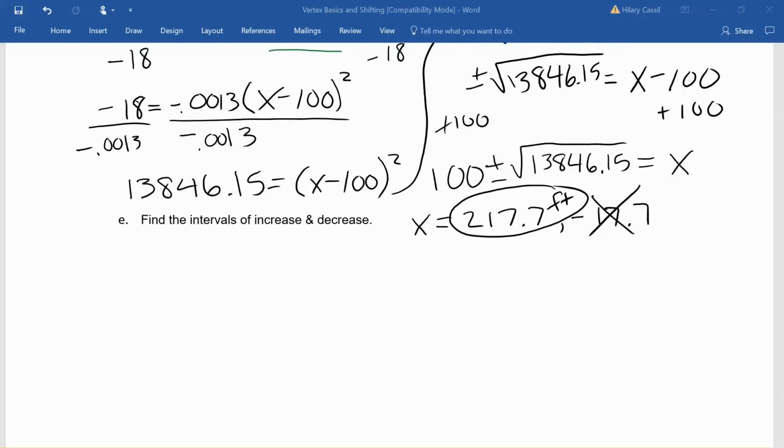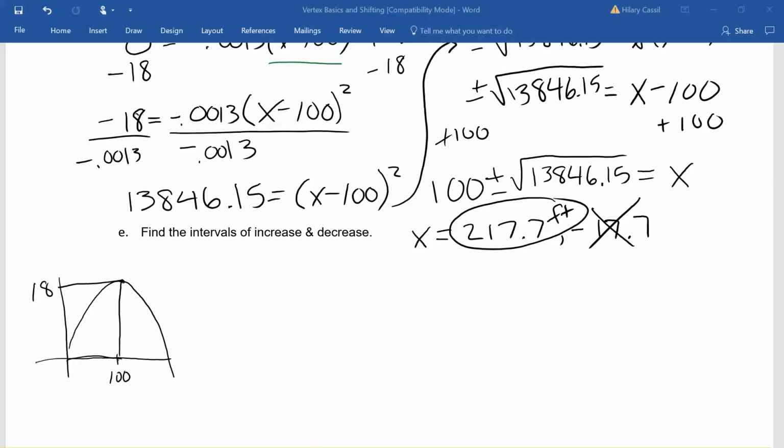Lastly, for this problem, we want to find the intervals of increase and decrease for this parabola. So remember that our parabola looked about like this, and we found that the vertex occurred at the point (100, 118). In order to find the intervals of increase and decrease, remember we always give intervals in terms of our x values.